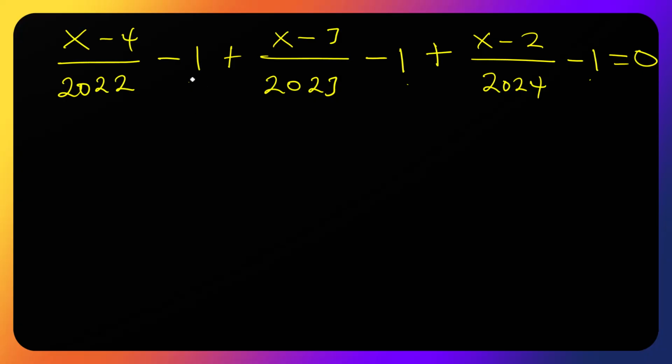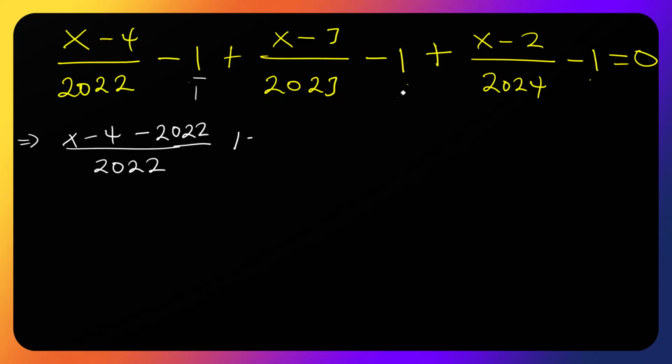Now from here, we can make this side over 1. So we can find the LCM of the first term. So the LCM is 2022. So this one in 1 times the numerator is x minus 4. 1 into this is 2022 times that, minus 2022.